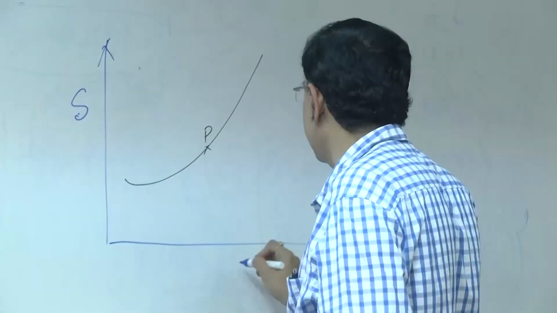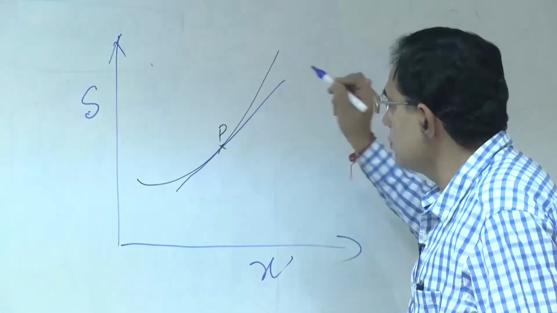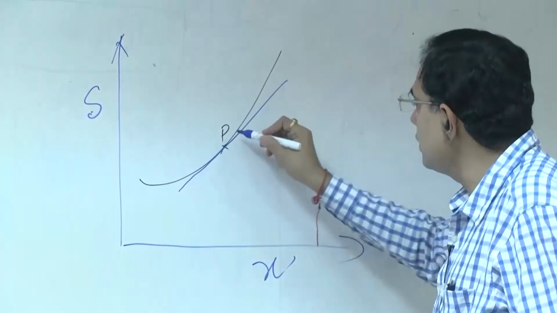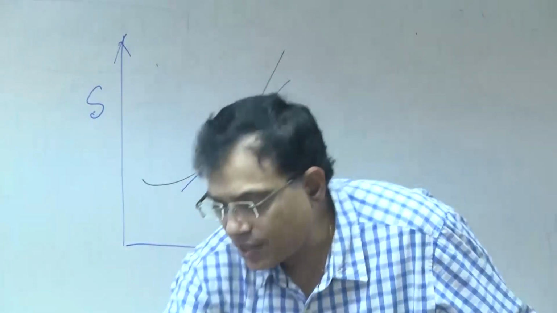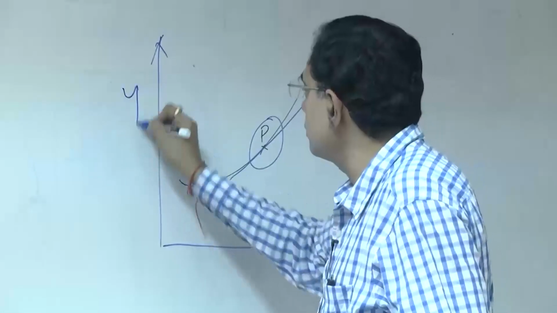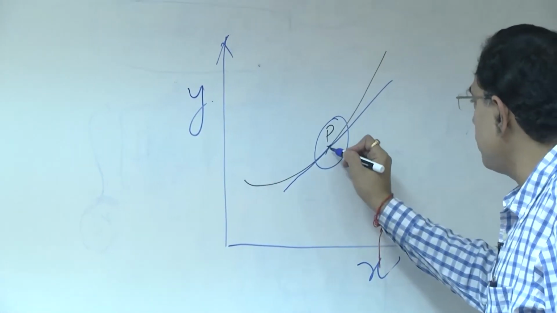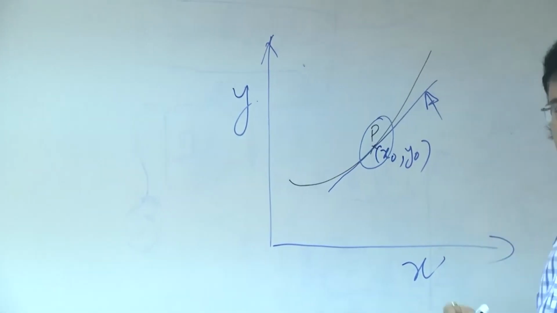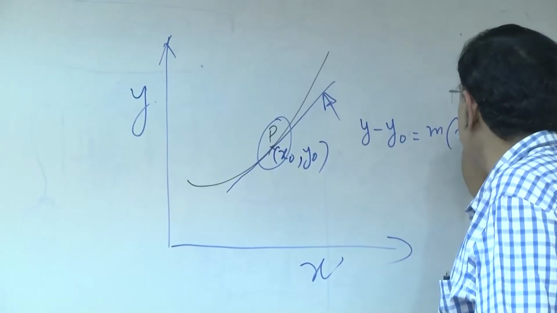So, let us say this is S versus x. You take this line which approximates the curve; maybe overall globally it is incorrect, but locally it may be alright. Or instead of S versus x, I write y, because you can relate it with the coordinate geometry you have learnt in school. Let us say this point is x naught comma y naught. What is the equation of this straight line? y minus y naught is equal to m into x minus x naught, right.